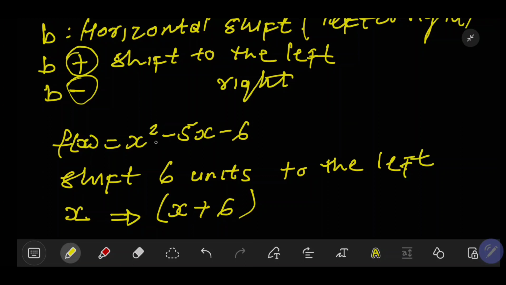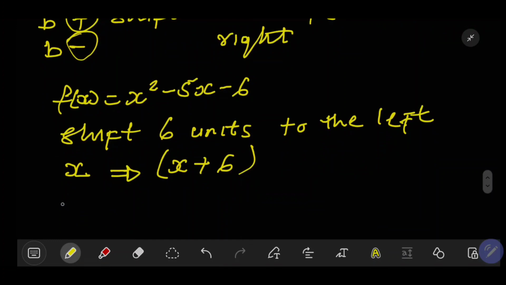It means wherever we see x on this original function, we're going to put x plus 6. Sometimes it can be written this way on your exam paper. This means they are telling you to shift the graph 6 units to the left.